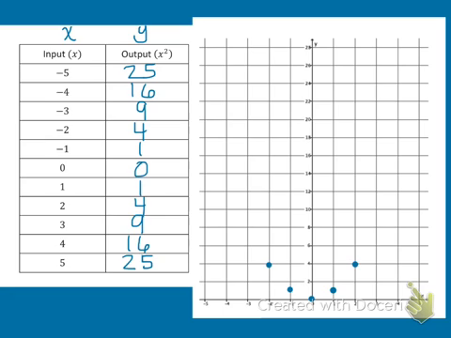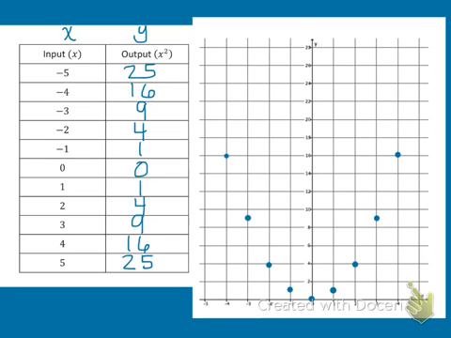+2 is also 4. -3 is 9. +3 is also 9. And -4 at 16. +4 at 16.